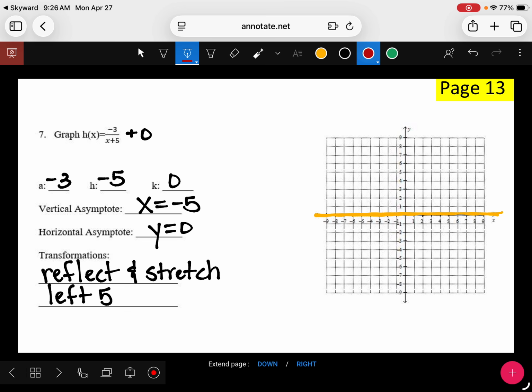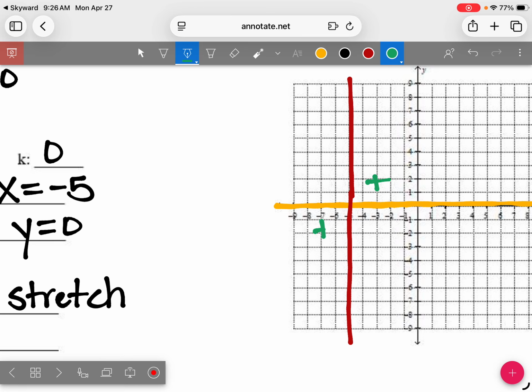And then I'm going to draw a vertical one at the -5. Okay, so we got our pluses and our minuses.